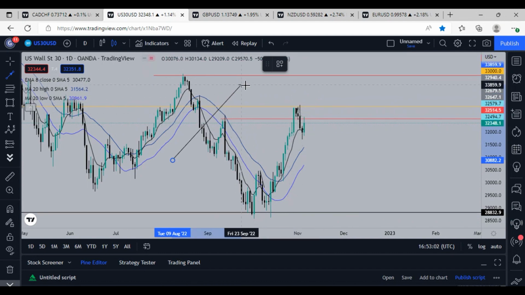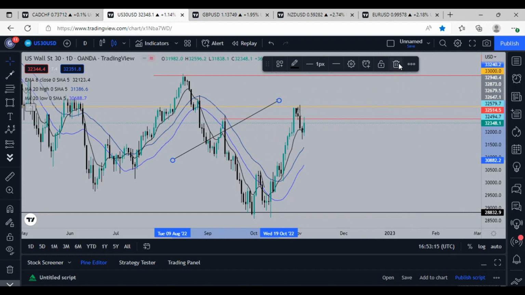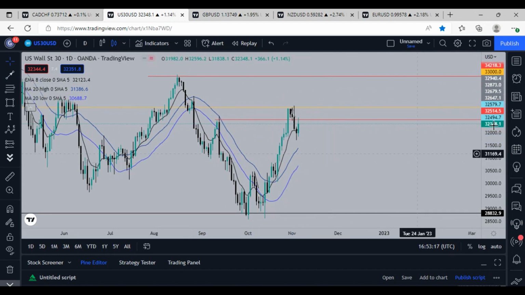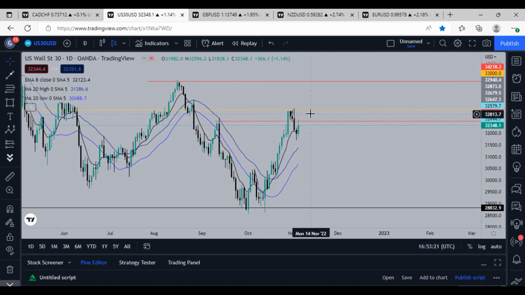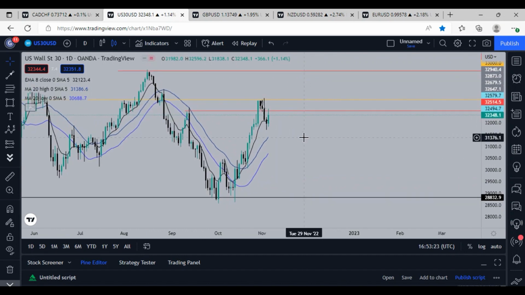All right, that's what I had expected. But then I had set this yellow resistance over here, this yellow line, as my resistance because of a psychological level. A psychological level is basically rounded numbers that we traders use because price can respect those levels, and this happens so perfectly, okay, like it happens so perfectly.